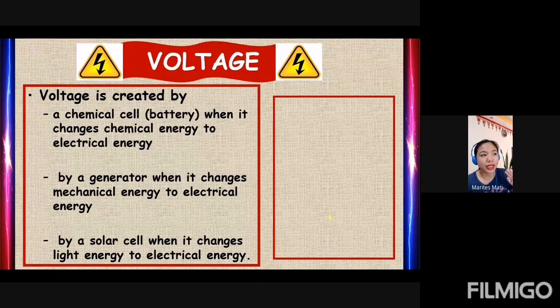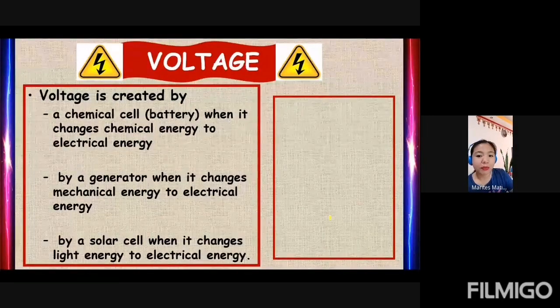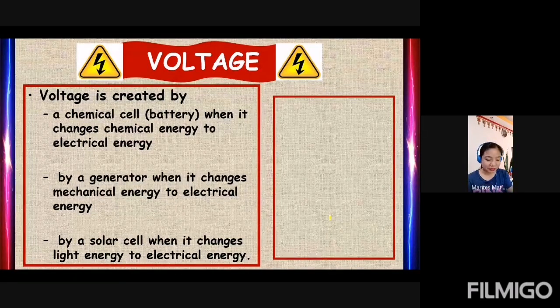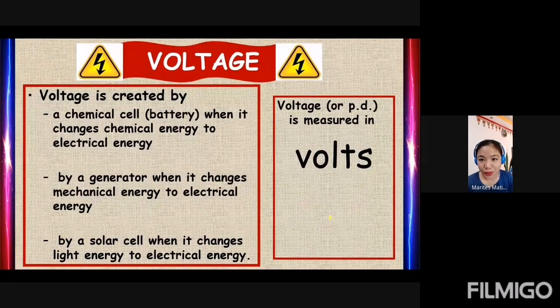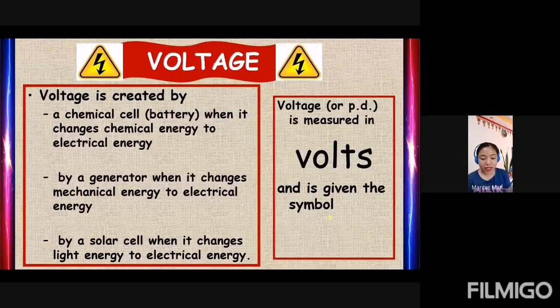Kapag chemical to electrical, that's through battery. Okay? Kapag mechanical to electrical, that's through generator. Okay? Kapag light to electrical, solar cell naman. Okay. So voltage or PD is measured in volts. Okay? So volts ang kanyang units. So it is given the symbol V.